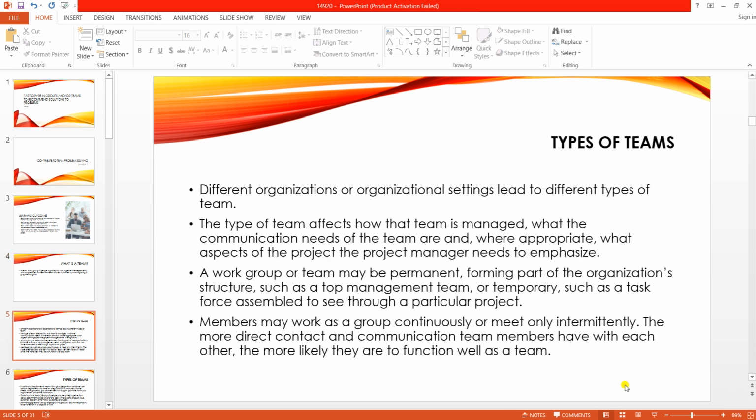In terms of the types of teams, it depends on organizations and the settings, in terms of how everything is being laid out. The type of team affects how that team is managed, what the communication needs of the team are, where appropriate, and what aspects the project manager needs to emphasize. So in an instance of maybe creating a LAN, that is quite different in terms of communication needs.